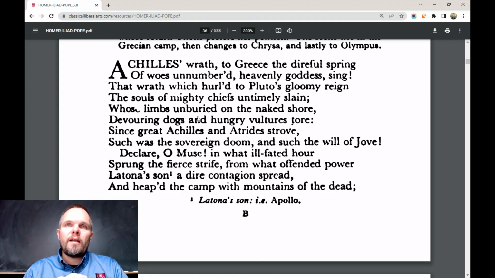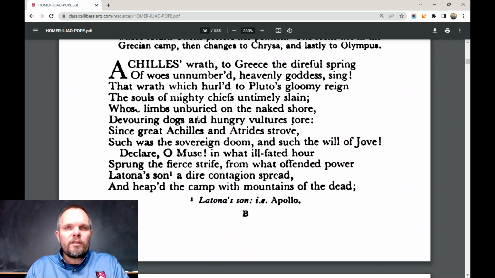Now, as we read this, like I said before, there is so much helpful information for us to read and reflect on and learn about classical society. For example, we see here in line 4 that Homer refers to souls, the souls of mighty chiefs. And we can see that Homer and the ancient Greeks in general believed that man was composed of body and soul, which many in our generation don't believe.